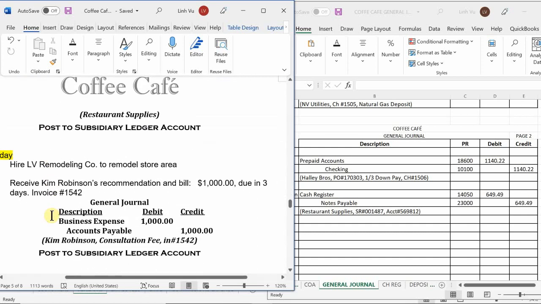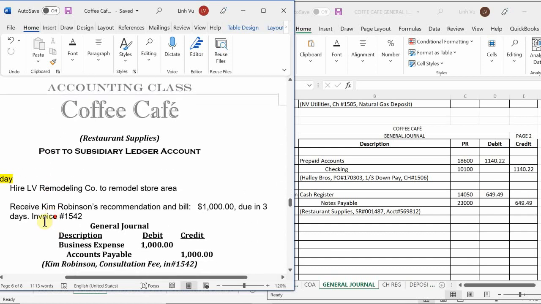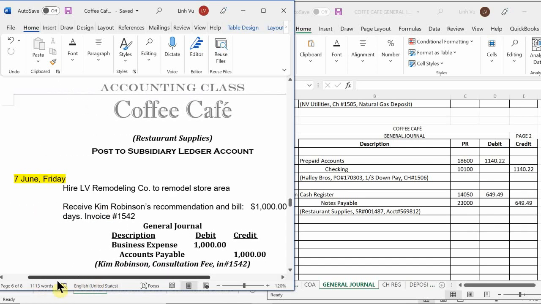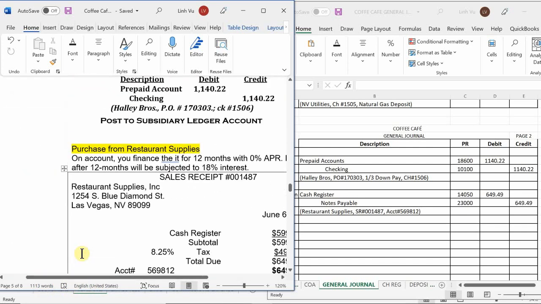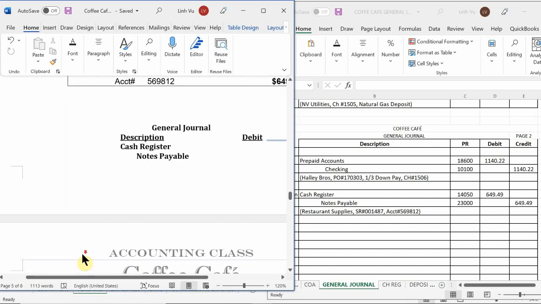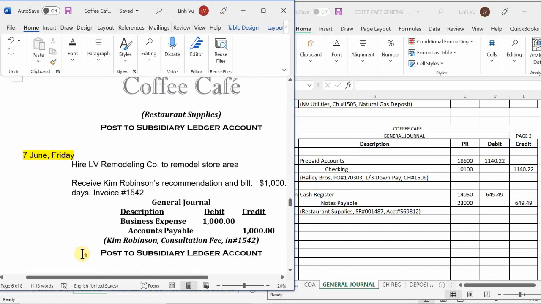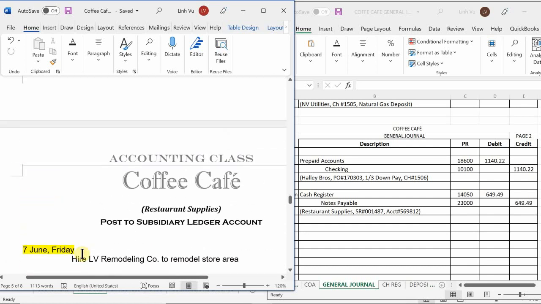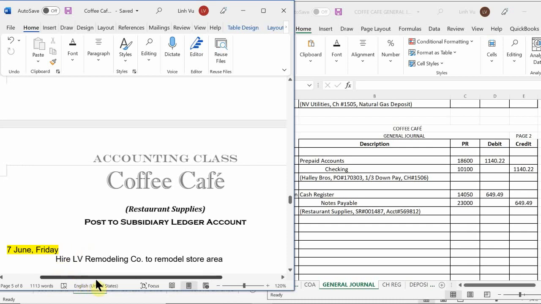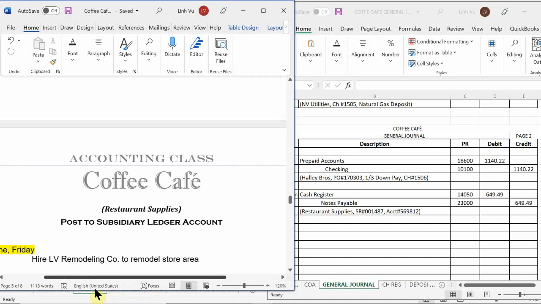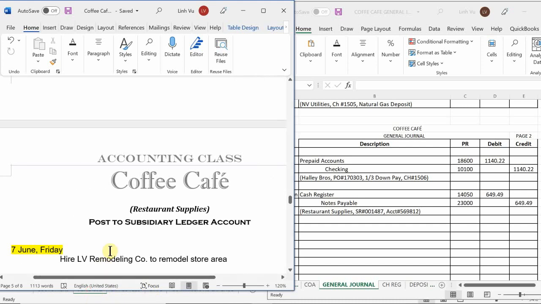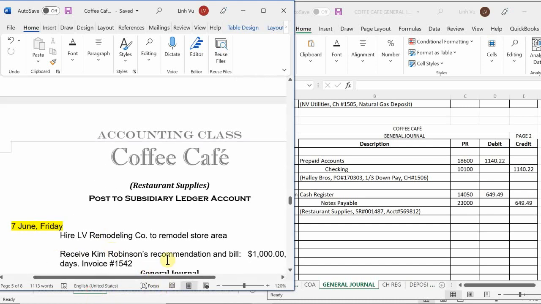Okay, so next scenario here is it is finally a new day. Okay, so that was the last transaction that we did, was entering in our cash register. So then we hired LV Remodeling Company to remodel the store for us. Okay, awesome. And right, so we hired LV Remodeling.